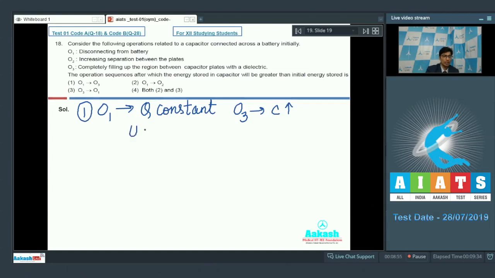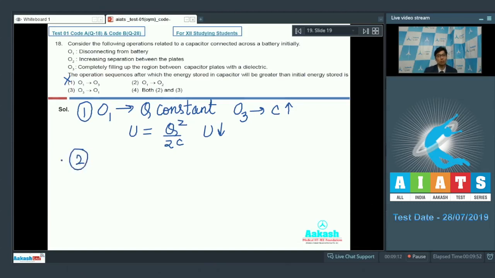Now energy can be written as q square divided by 2C. Since C is increasing, the energy would decrease. Therefore, option number 1 cannot be our answer. Now let us proceed and analyze option number 2.